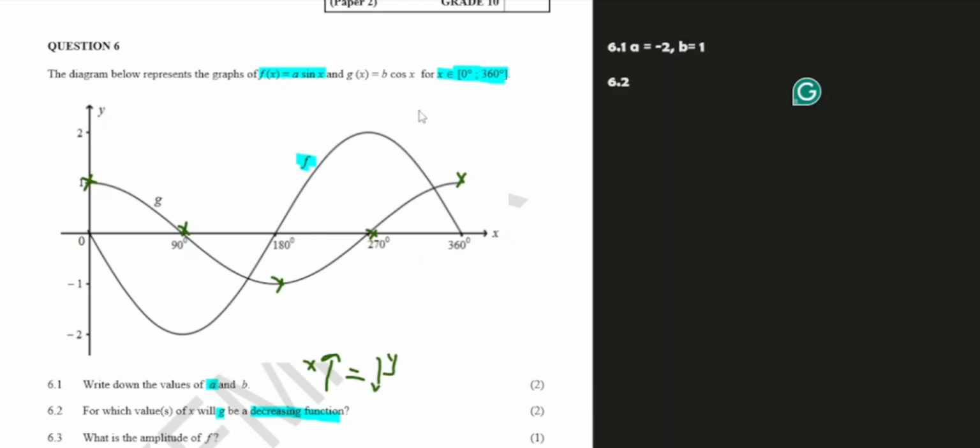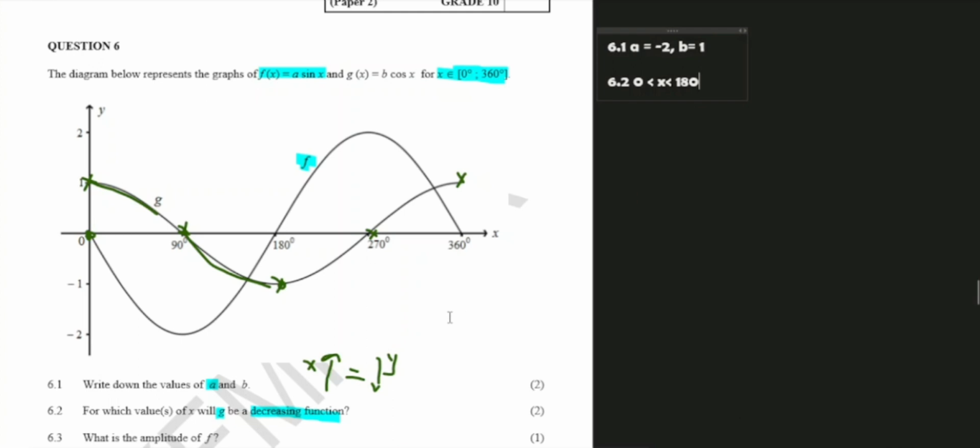Looking at g of x, which is this cos of x, from this x value over here to this x value over here, we are experiencing a decline because the function is moving from 1 to 0 to negative 1. So your answer is from 0 to 180 degrees.